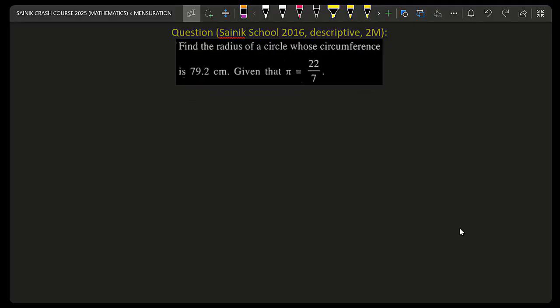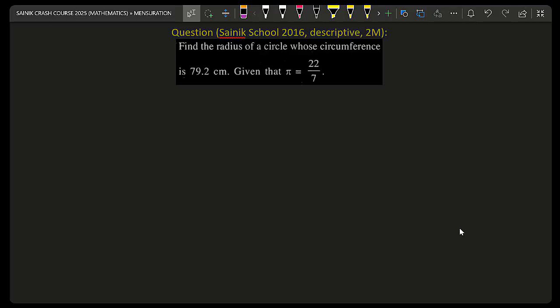Mayuk, read the question again. Find the radius of the circle whose circumference is 79.2 centimeters, given that pi equals 22 by 7.